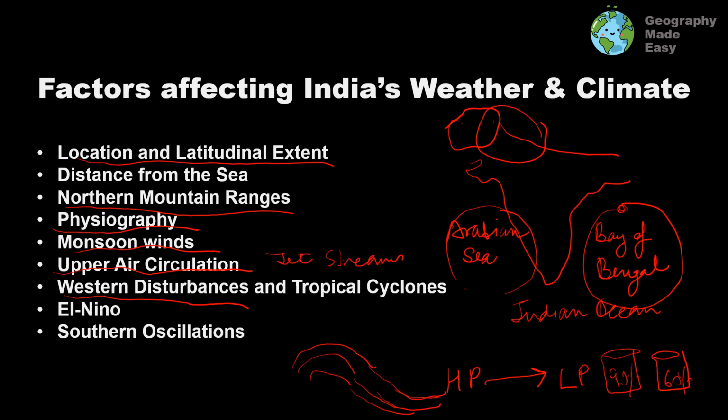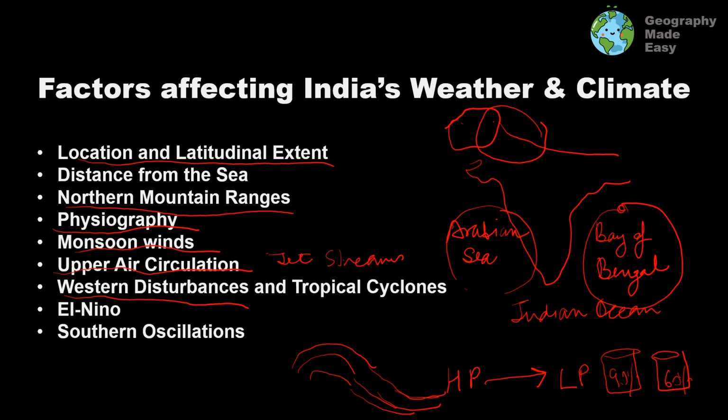Where there is low pressure, there is less amount of air. So winds blow from high pressure zones to low pressure zones, just like water which flows from zones of elevation to zones of less elevation. Similarly, wind is a fluid, it behaves in a similar fashion.